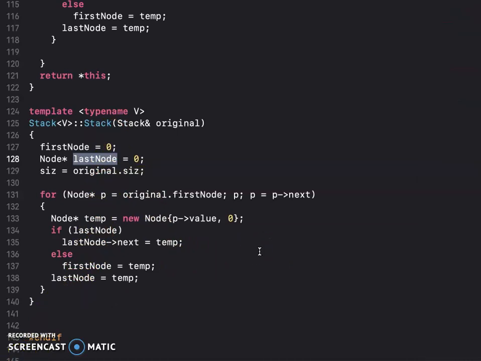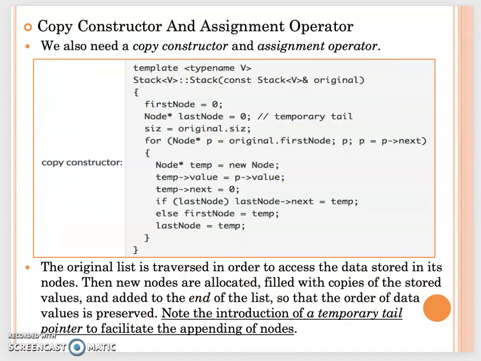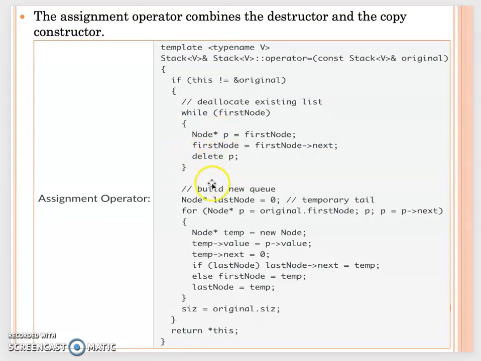So after you finish the copy constructor, how about your assignment operator? Do you remember the assignment operator? Assignment operator means you originally already have a stack, you already have your linked list. So when you do your assignment operator, it will be very similar. Actually that copy part will be similar to the copy constructor.